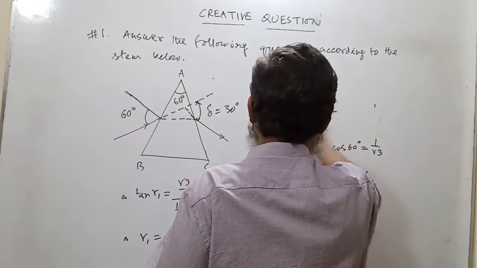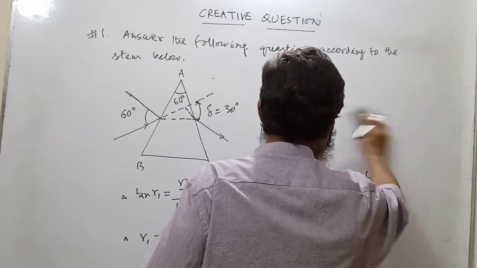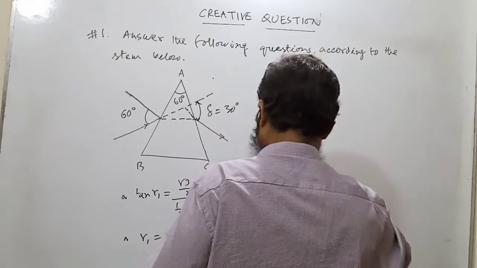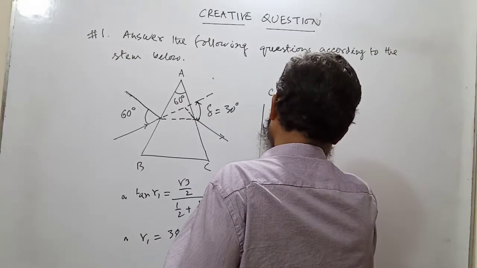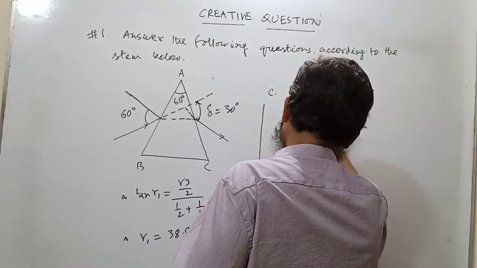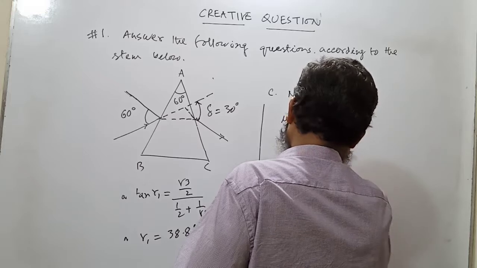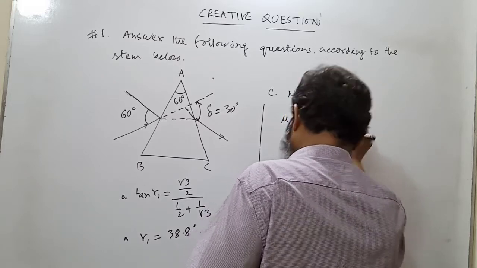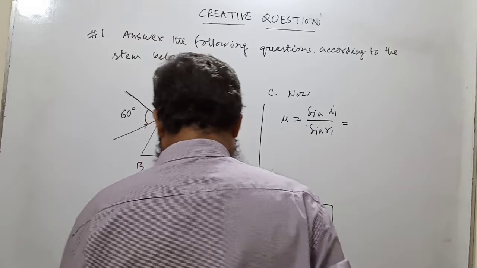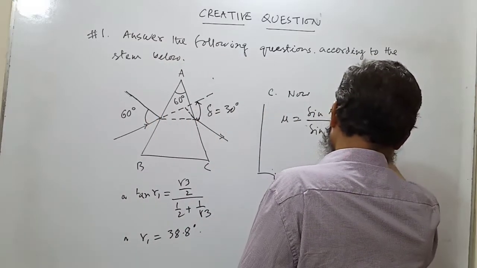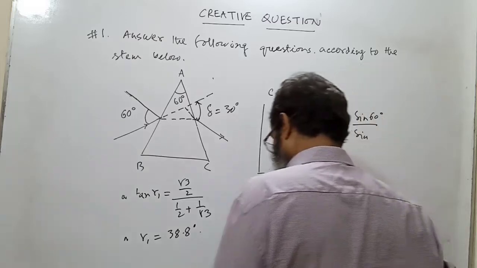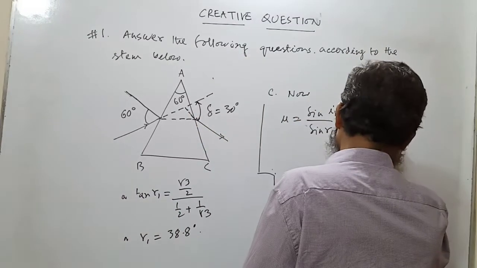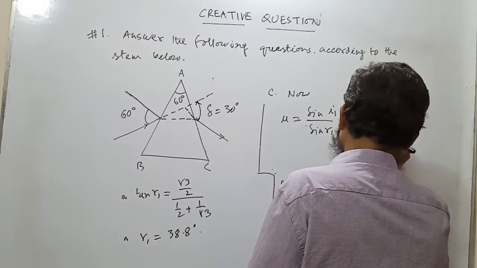Now mu is equal to sin I1 by sin R1, is equal to sin 60 degree by sin 38.8 degree.